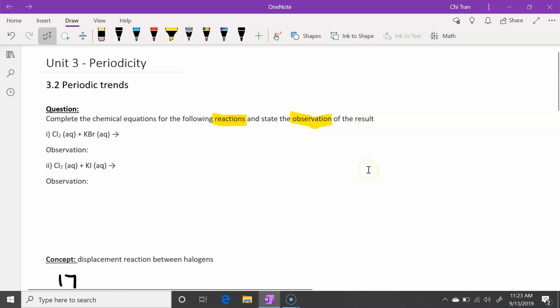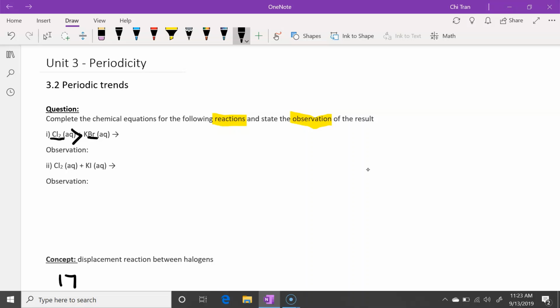Going back to our question, we have firstly chlorine plus potassium bromide. And remember, potassium is a spectator ion, so we can simply ignore it and focus on chlorine and bromine. So chlorine is more reactive than bromine.